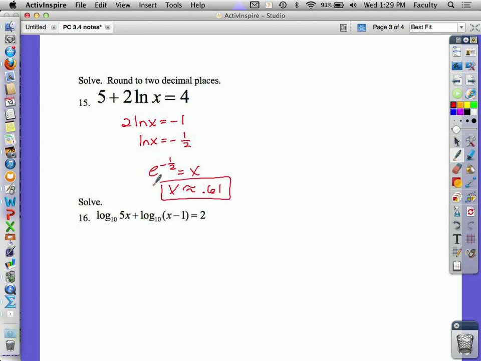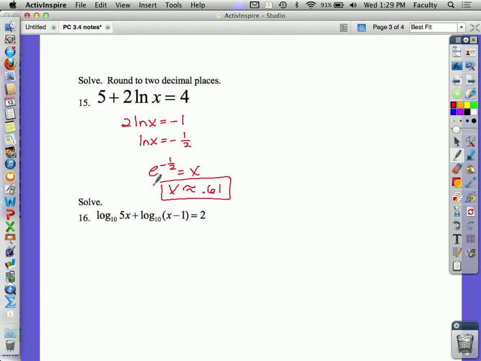Okay, you start by subtracting 5, divide by 2. You have ln x equals negative 1/2, and then you rewrite it in exponential form. e to the negative 1/2 is x. You just punch that in your calculator, and I got about 0.61. Any questions?